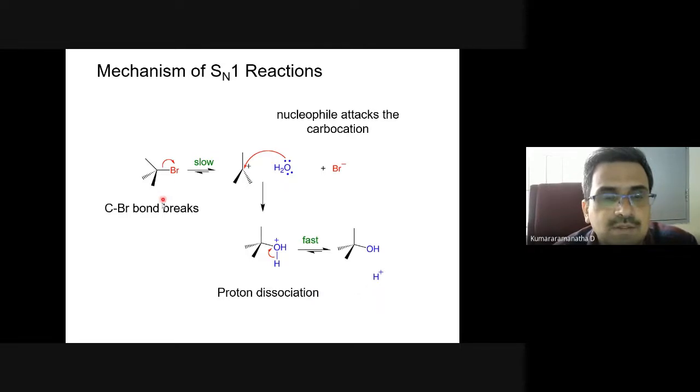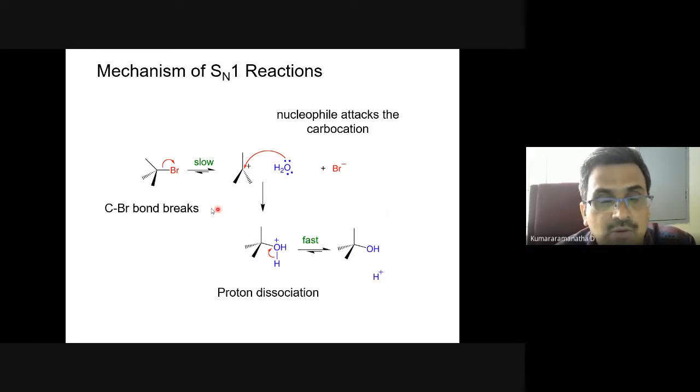First, you have the breaking of the C-Br bond and then the addition of the OH group. So the nucleophile attacks the carbocation, then proton rearrangement, and finally you get tertiary butanol.